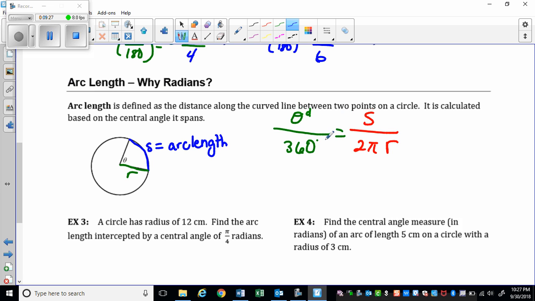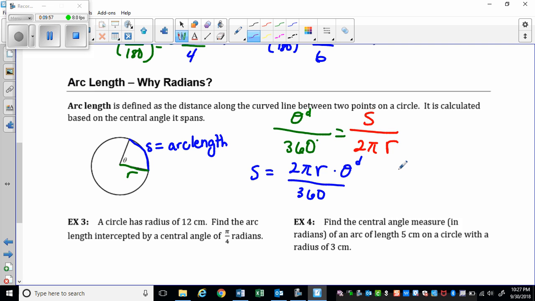So when we solve for this, I usually cross multiply. We usually get S equals 2 pi r times the angle in degrees, divided by 360.